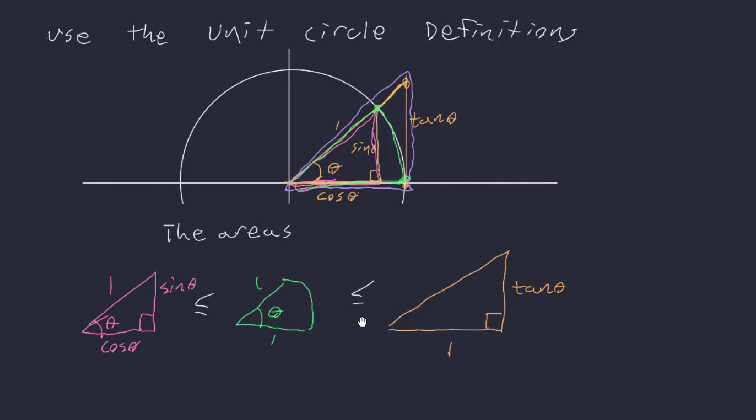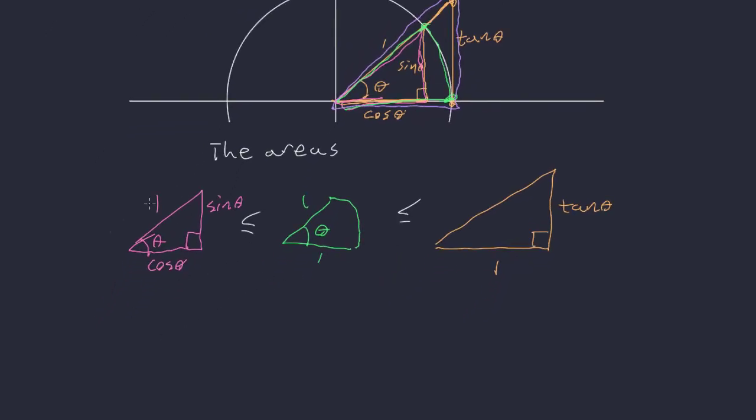So the area of this triangle is going to be 1/2 base times height. The area of a portion of a circle, well, the area of an entire circle is pi r squared.